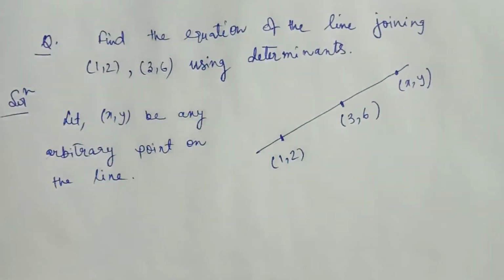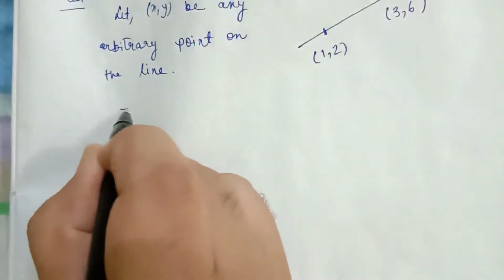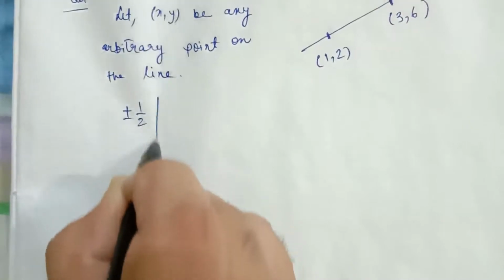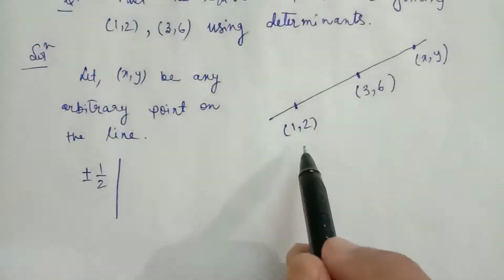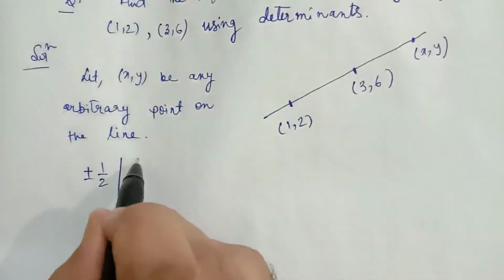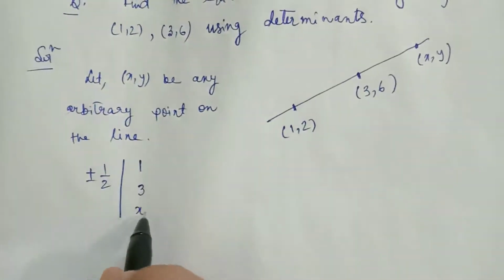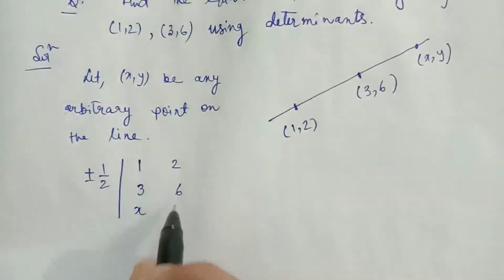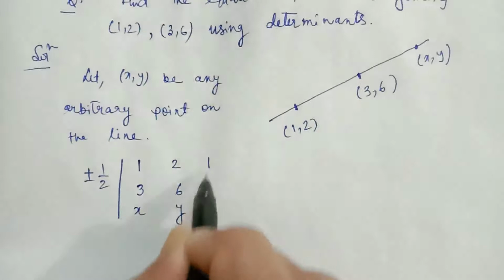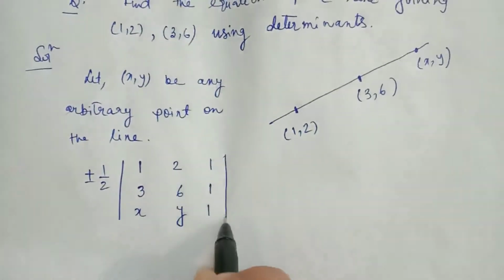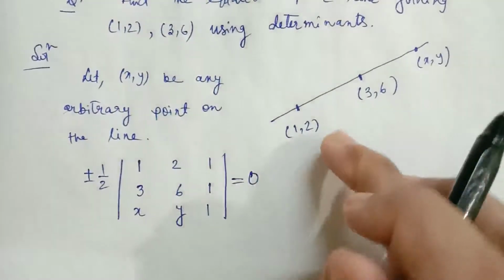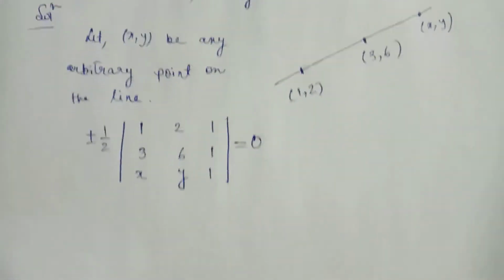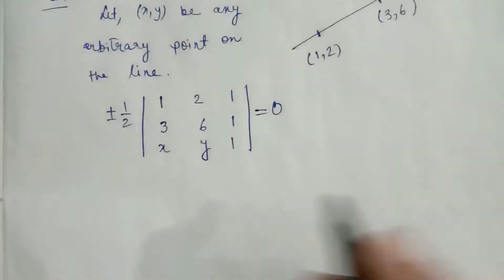Now as these 3 points are collinear, the area of the triangle, that is plus minus half, the determinant with rows 1, 2, 1; 3, 6, 1; x, y, 1. The value of this determinant will be 0. As these 3 points are collinear, the area of the triangle formed by them will be 0.